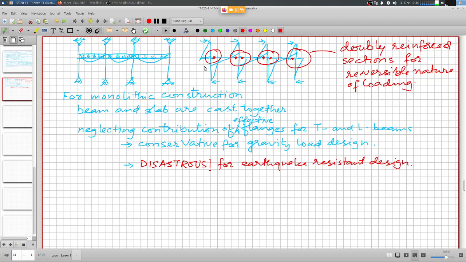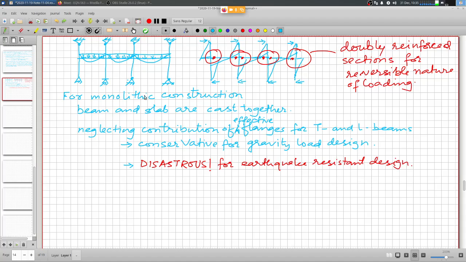Now, what happens when the steel yields? Why do I say that it is better to avoid the advantages?